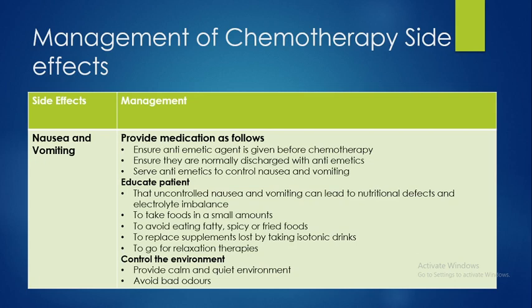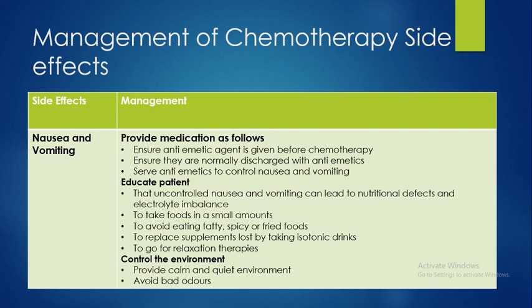Management of chemotherapy side effects: nausea and vomiting is also a very common side effect, so we have to provide medication as follows: ensure antiemetic agents are given before chemotherapy to prevent vomiting, ensure they are discharged with antiemetics, and give severe antiemetics to control nausea and vomiting.